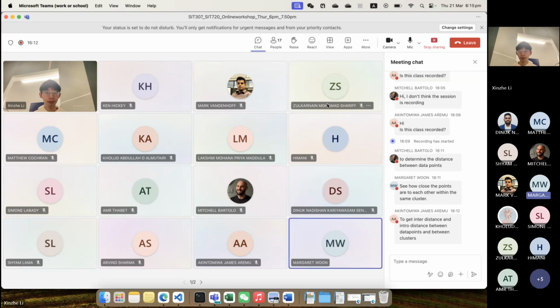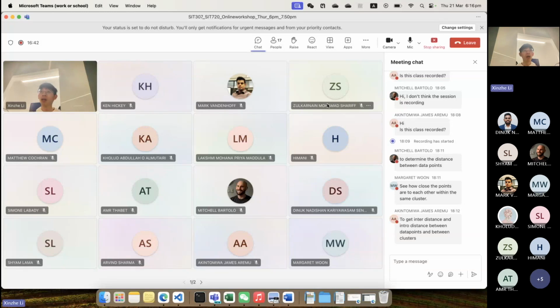So you want to make sure that they are very close to each other so that you know they actually belong to the same species or same group or same cluster, whereas the distance between different clusters should be as far as possible so that they could be distinguished or separated. So that is the idea in my head, why we need to measure the distance between points.